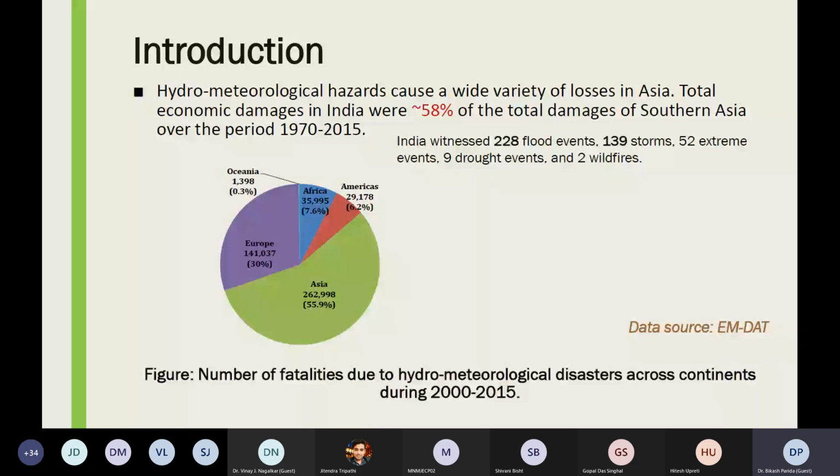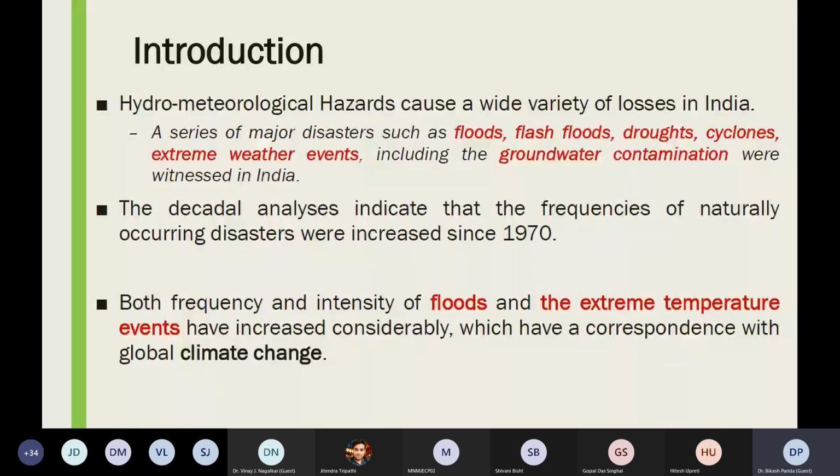These are the different series of disasters we mostly experience in India, especially floods, flash floods, drought, cyclones, extreme weather events like cloudbursts, and even groundwater contamination. These are all classical problems we have in India. In the decadal analysis, after 1970 most of these events are increasing.